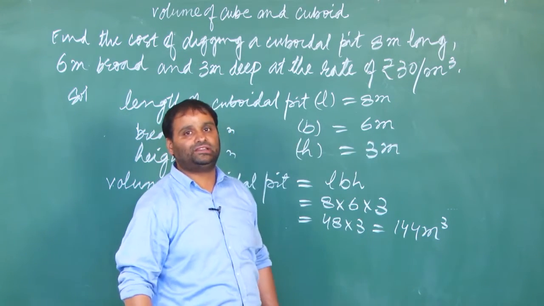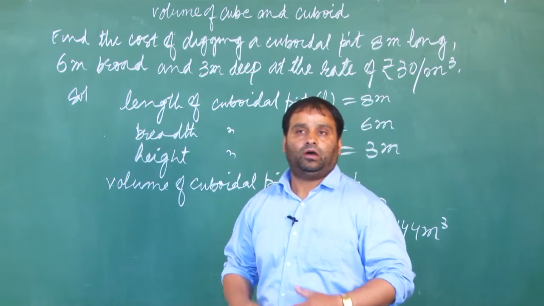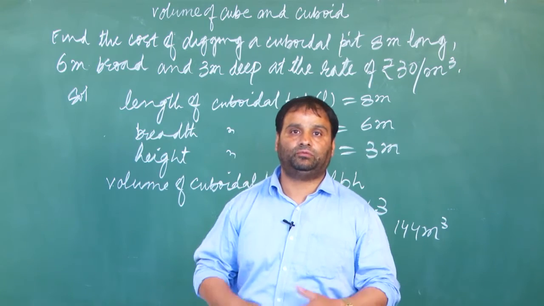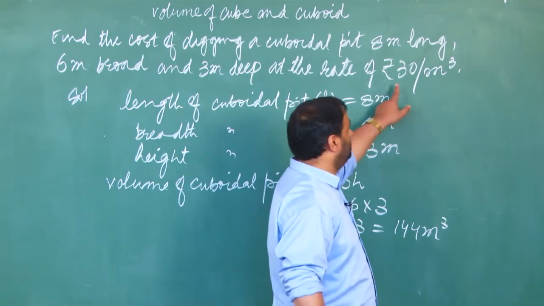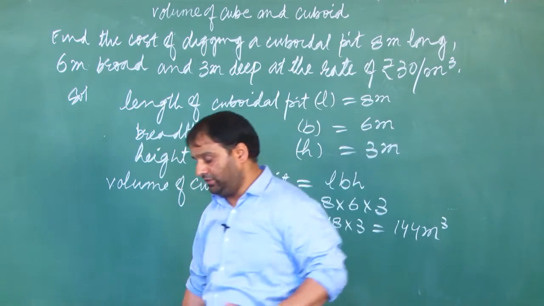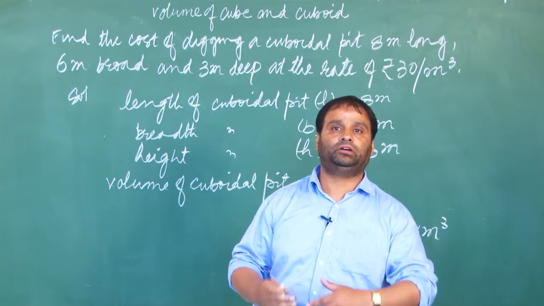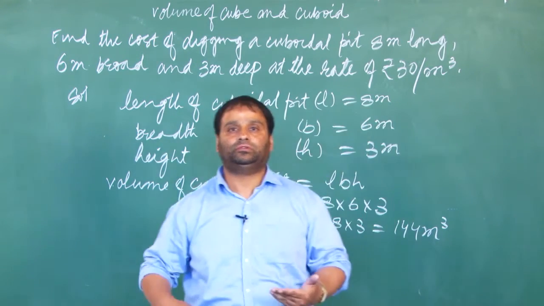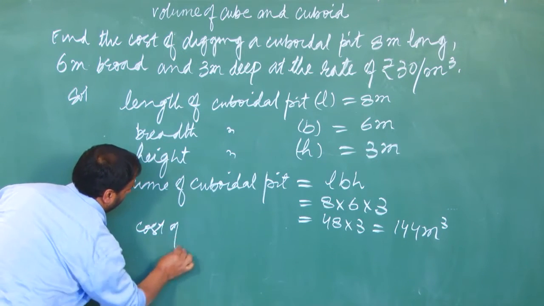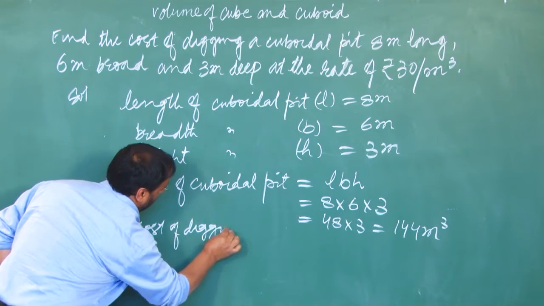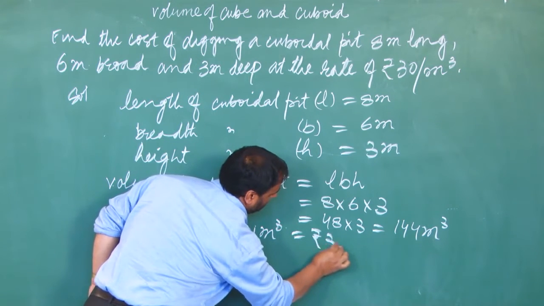Now, to dig this cuboidal pit, we need to dig 144 meter cube volume. The cost of digging is given as 30 rupees per meter cube. If you dig this pit, digging out 1 meter cube of earth costs you rupees 30.